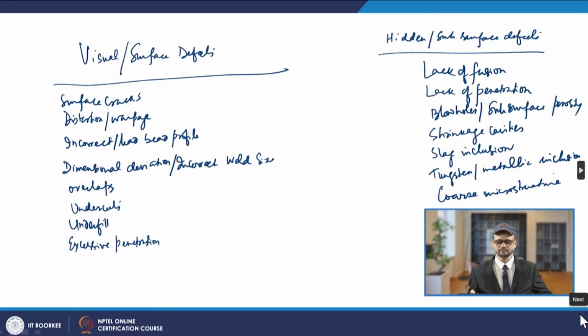Hidden defects, which we cannot see, are lack of fusion, lack of penetration, blowholes, shrinkage cracks, slag inclusions, tungsten inclusions, and coarser microstructure.